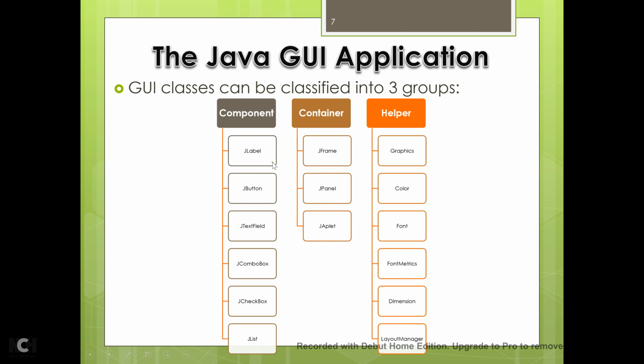Alright, GUI classes can be classified into three groups. So we can see three groups here: component, container, helper. So under component, we have JLabel, JButton, JTextField, JComboBox, JCheckbox, and JList.